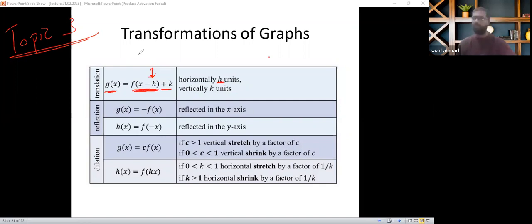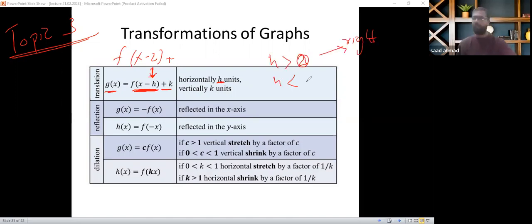then if h is greater than 0, it moves that many units to the right. If h is less than 0, it moves to the left.